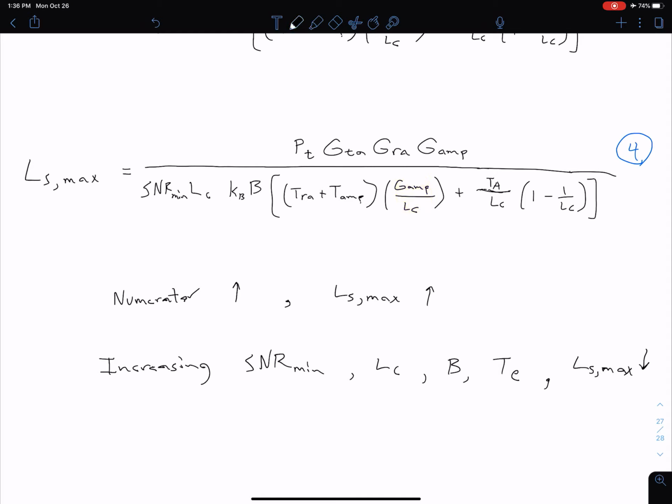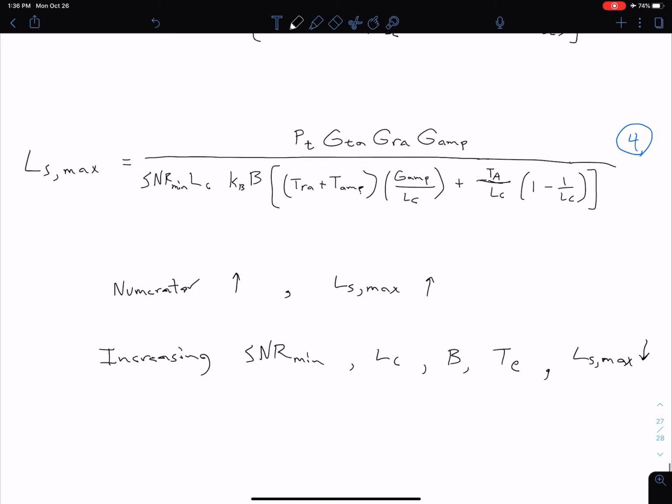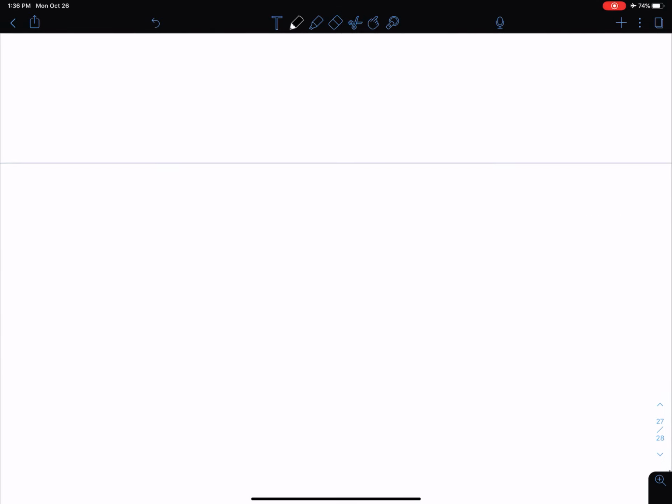Okay, so now we're almost ready to plug this in, but if we go back to our given values, a couple of them are given in decibels. To plug into here, we want linear, non-dB values to plug into that equation.